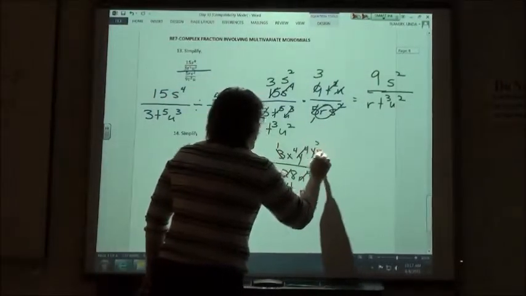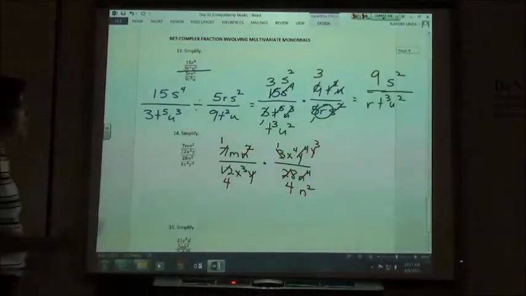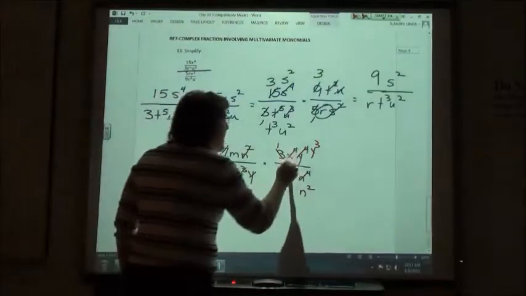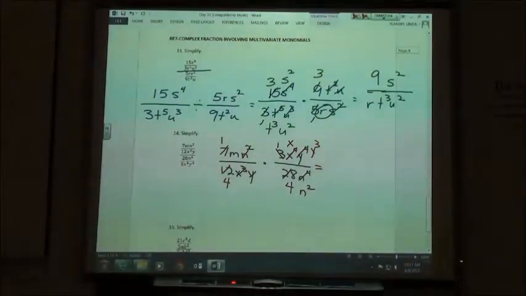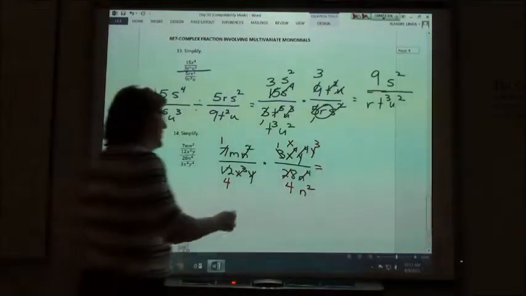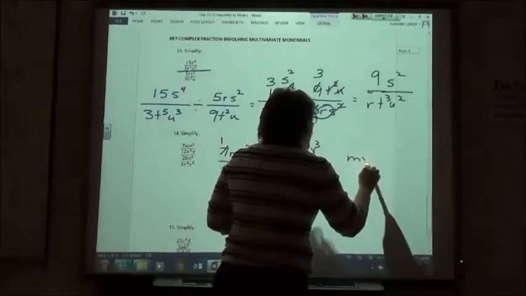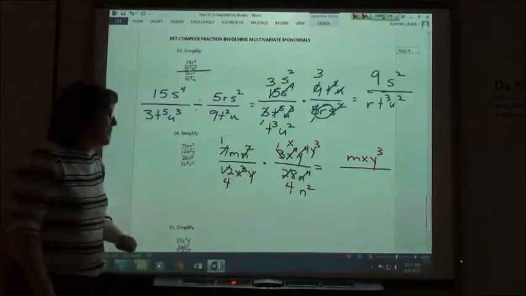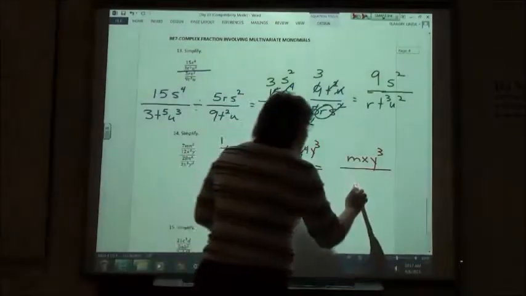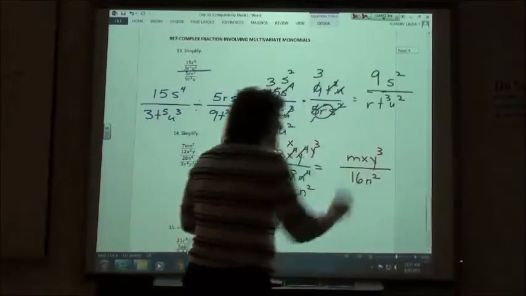And then 1x on top right. Okay, we can take out x to the 3rd, which leaves us a plain x on the top. So, on the top, we are left with mxy to the 3rd, and on the bottom, 16n squared. Exactly.